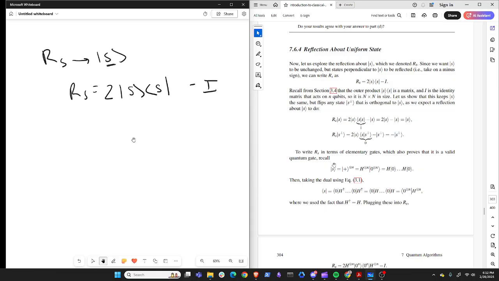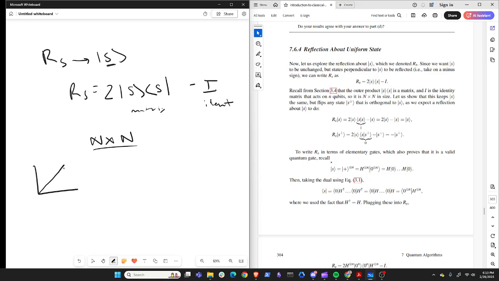So the outer product of S with itself is a matrix. I is the identity matrix, and this result is n by n. So we want S to be the same, but flip any state that is orthogonal to S, in other words, that is perpendicular to it.